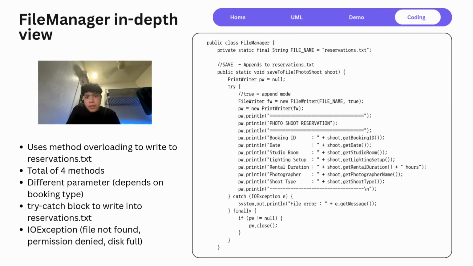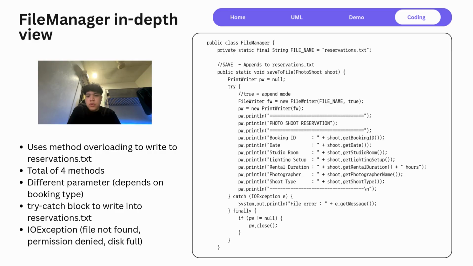Okay, so file manager in that view, right? As you can see on the right side, we have some of the code inside the file manager class. So let's go through the code to explain the logic behind writing all the booking information. As you can see here, we have a save to file method with a parameter of an object shoot from the class photoshoot, right?